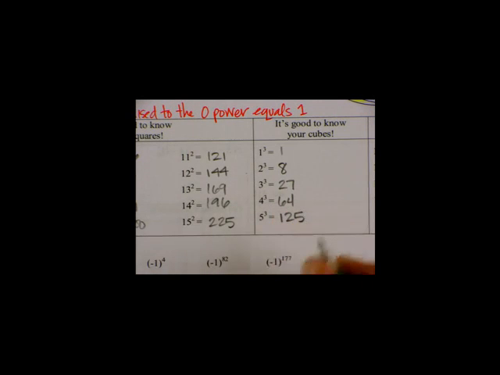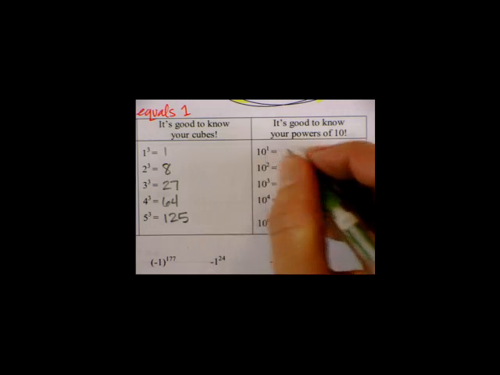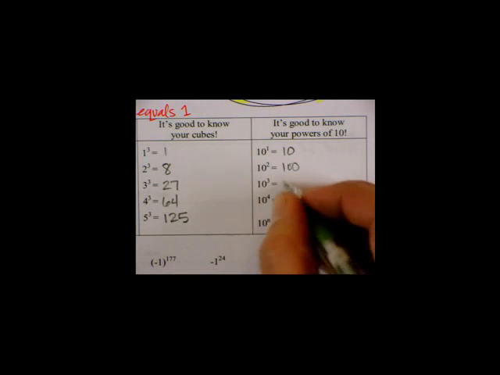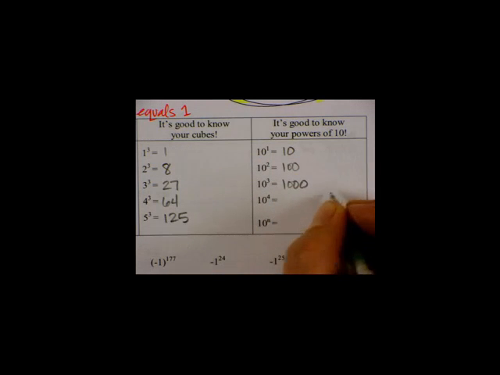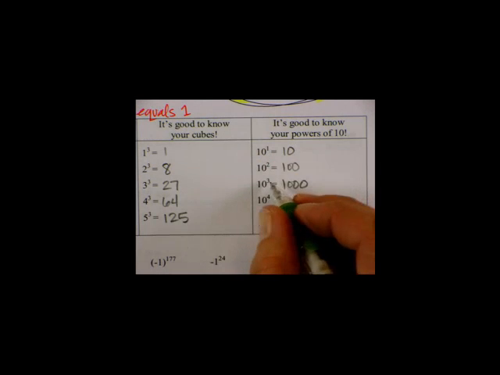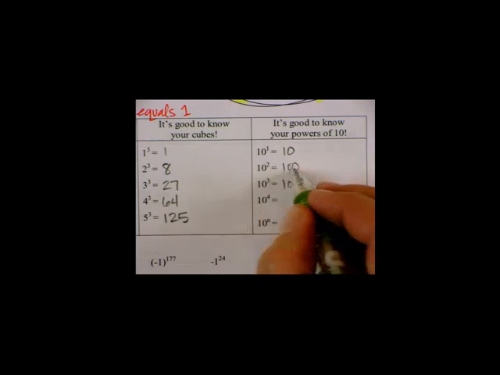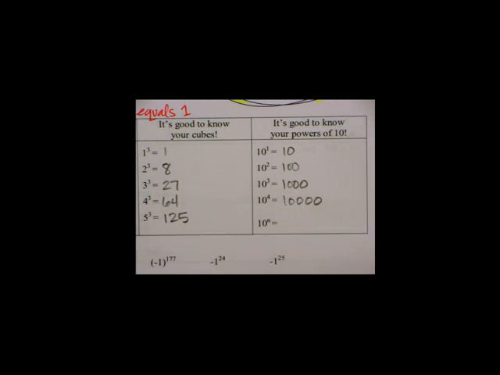And then your powers of 10. You'll notice a pattern here. Powers of 10, 10 to the first is 10. 10 squared is 100. 10 cubed, 1,000. If we look at this, the exponent corresponds to the number of zeros. If I have it to the second power, I have 2 zeros. 10 to the third power, I have 3 zeros. 10 to the fourth, 1, 2, 3, 4 zeros.